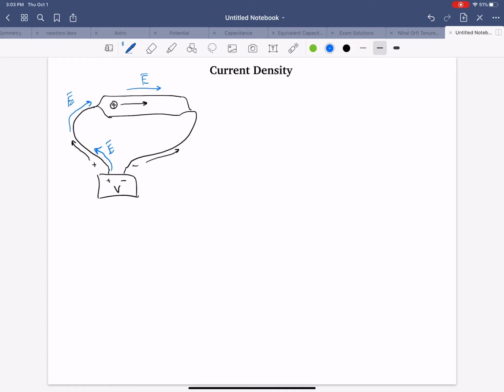Now, with that in mind, let's take a look at the cross section for this wire. Okay, cross section A, and let's try and estimate the amount of charge, the total amount of charge in some span, which I'll call delta x.